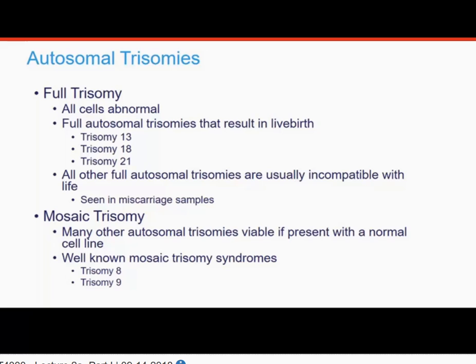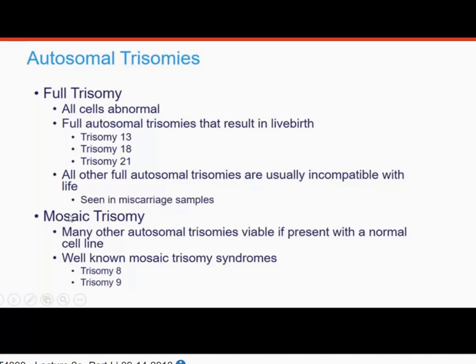Babies with trisomy 13 and 18 do not live long if all cells in their body are trisomic, but they are compatible with live birth, unlike a trisomy 16 conception, which will not make it to term.